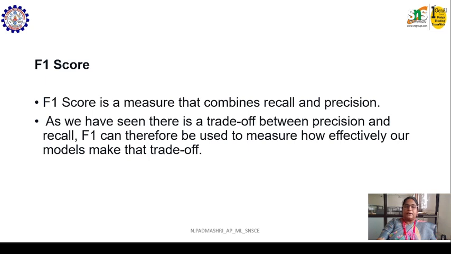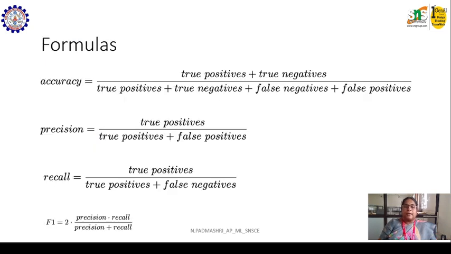How do we measure effectively? Here are the formulas for accuracy, precision, recall, and F1. Accuracy is true positive plus true negative divided by true positive plus true negative plus false positive plus false negative. Precision is TP divided by TP plus FP, false positive. Recall is true positive divided by true positive plus false negative. And F1 score is 2 times precision times recall, divided by precision plus recall.